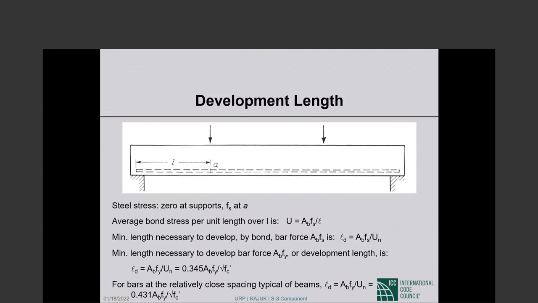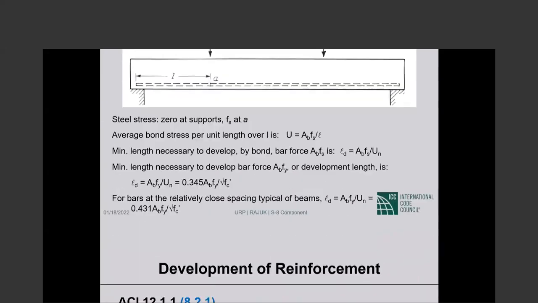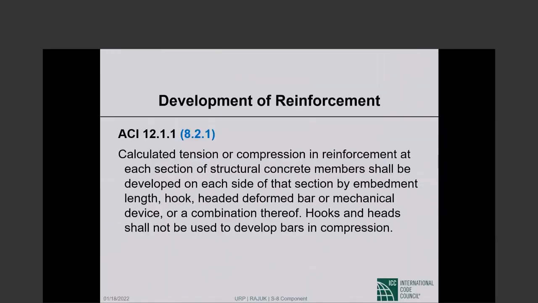That is what we call development length, the length of bar needed to develop full F sub Y. For bars at relatively close spacing, the L sub D development length increases to 0.431 A sub B F sub Y over square root of F sub C prime.